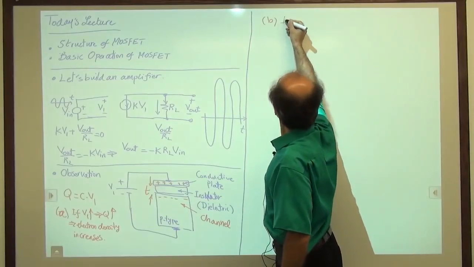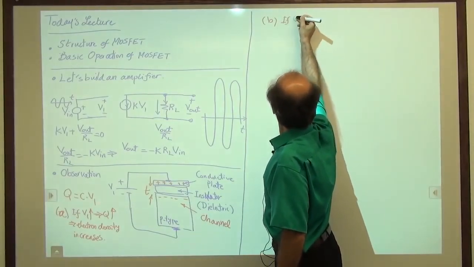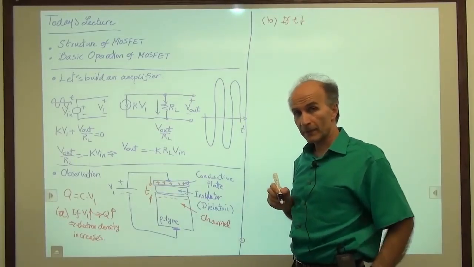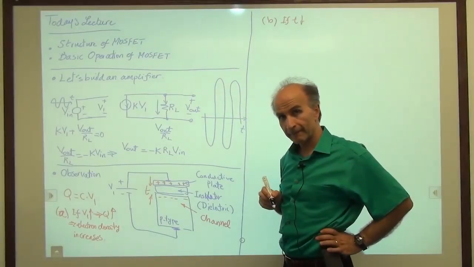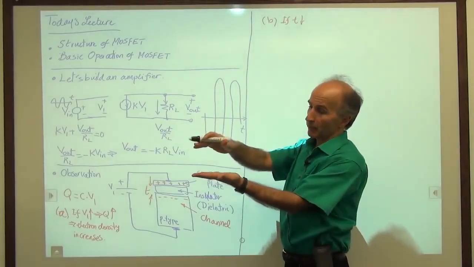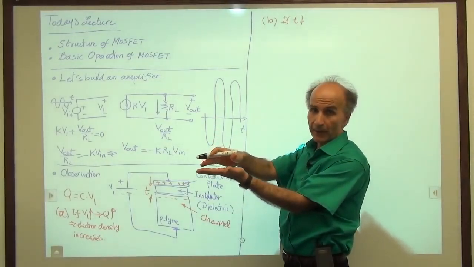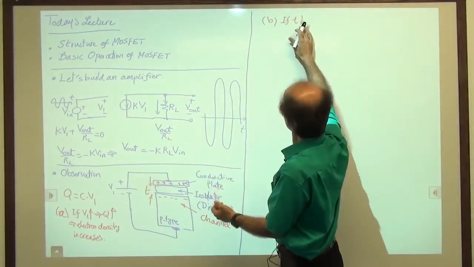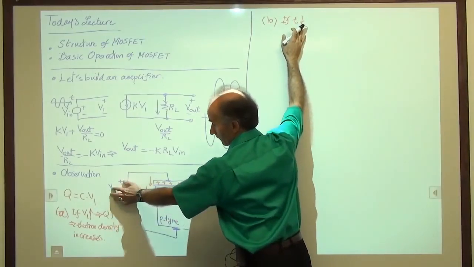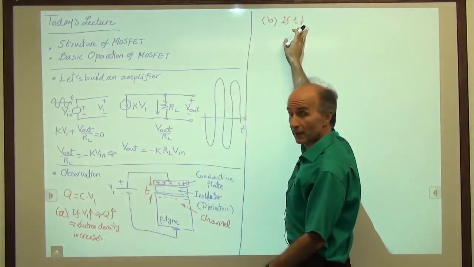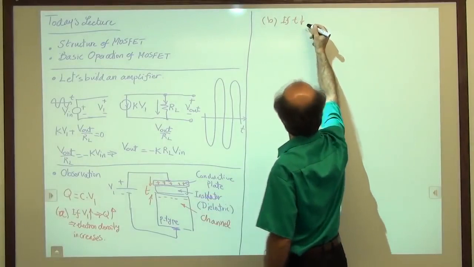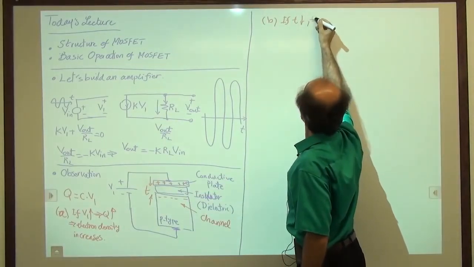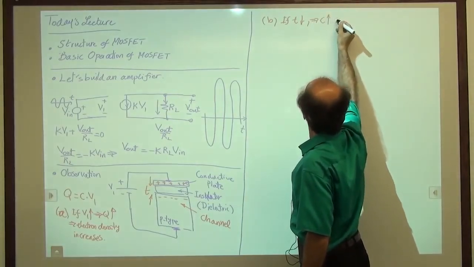So if T goes down, what happens to the capacitance? Well, we know that if you have two plates and bring them closer to each other, the capacitance of the structure increases. So if T decreases and the voltage remains constant, the capacitance increases. It doesn't matter what the voltage does anyway, so what we can say is that the capacitance increases.